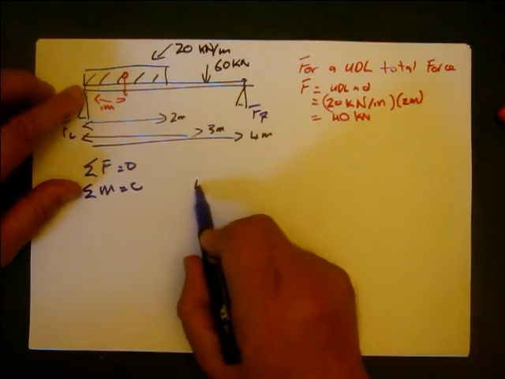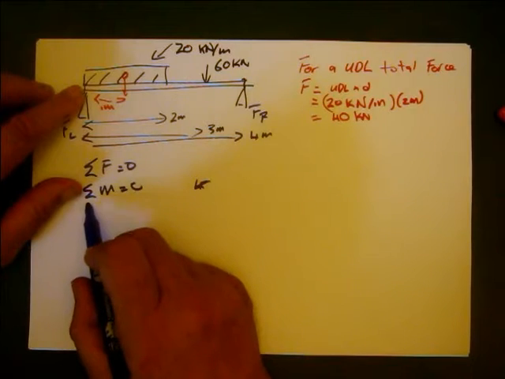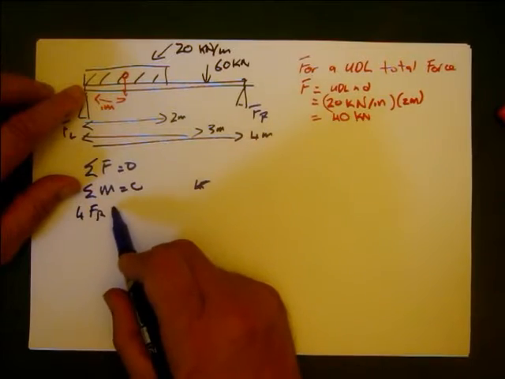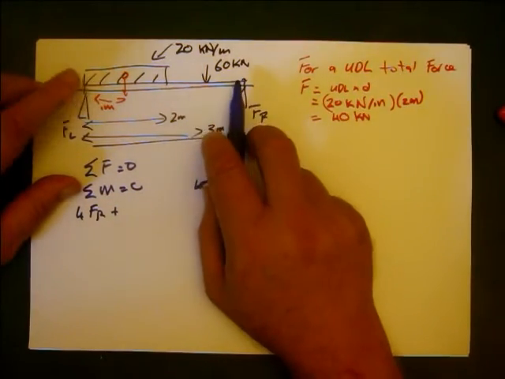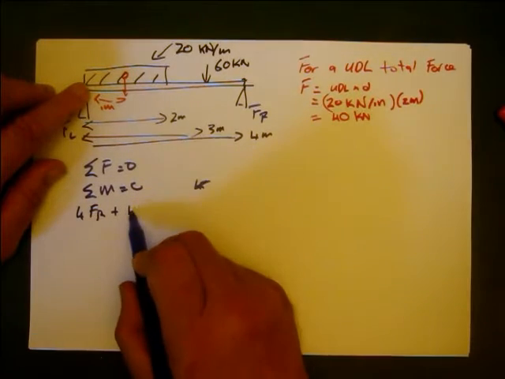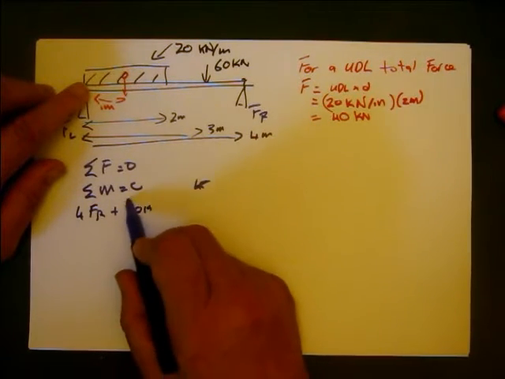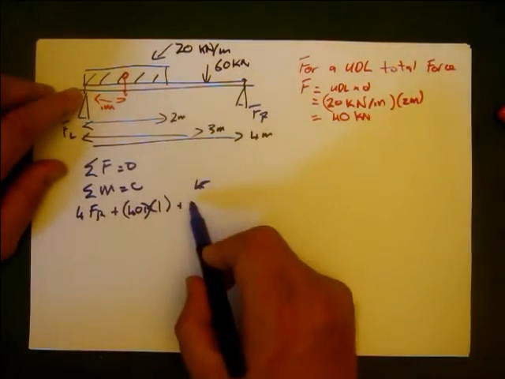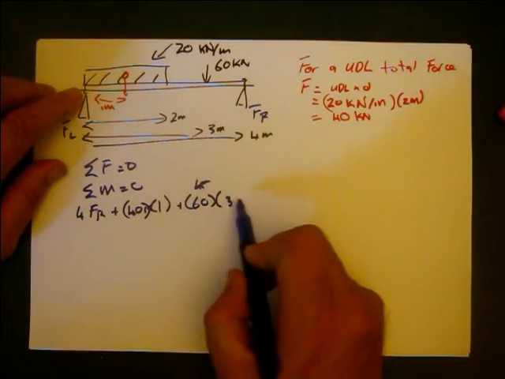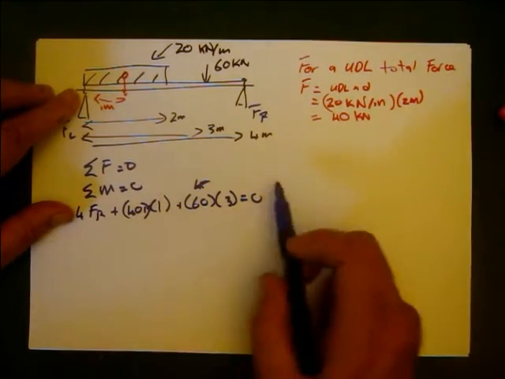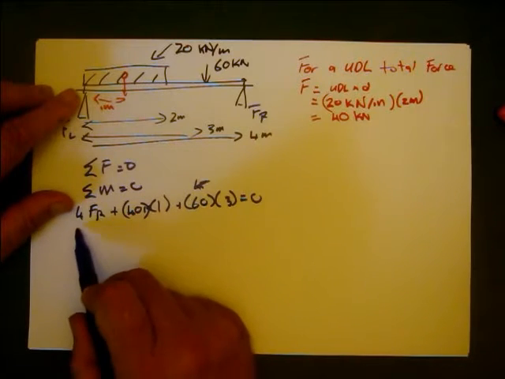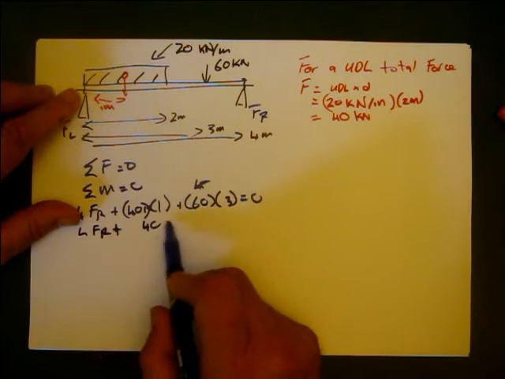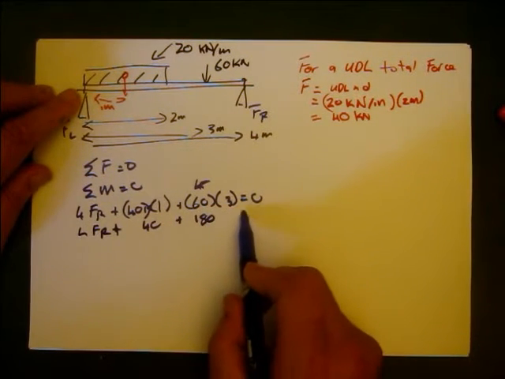So for force right at 4 meters, plus 40 at 1 meter, plus 60 at 3 meters, equals 0. Let's not worry about the units at the moment. So 4 times force right plus 40 plus 180 equals 0.